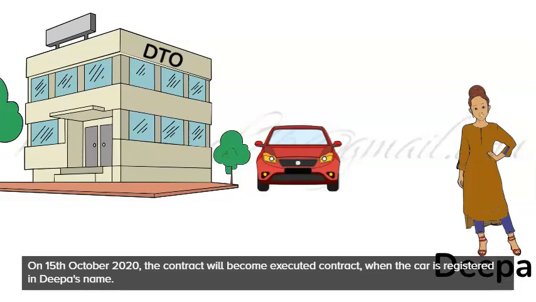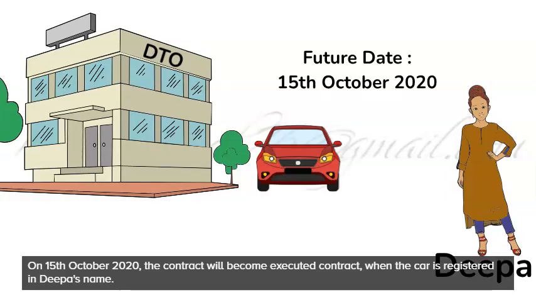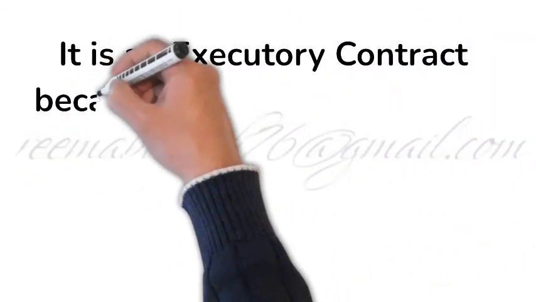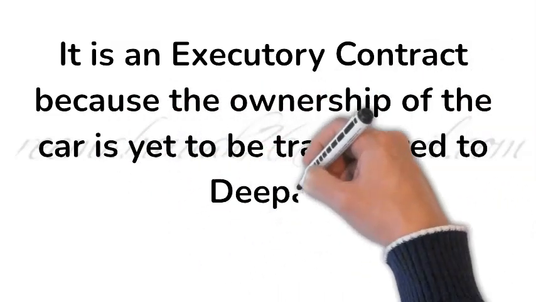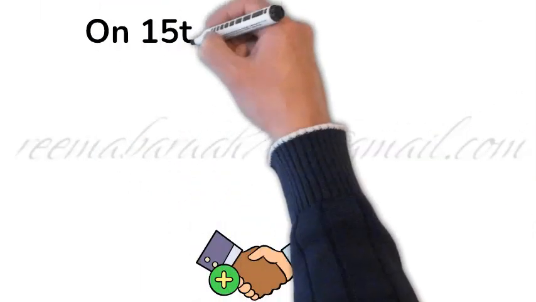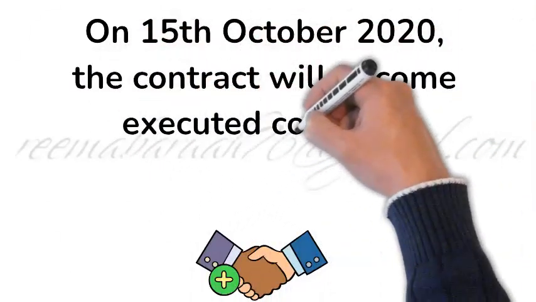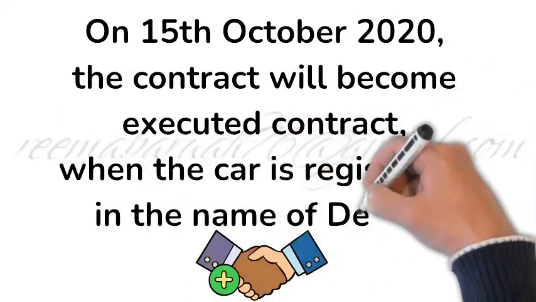The ownership of the car will be transferred to Deepa on 15th October 2020 when the car is registered in Deepa's name. It is an executory contract because the ownership of the car is yet to be transferred to Deepa. On 15th October 2020, the contract will become an executed contract when the car is registered in the name of Deepa.